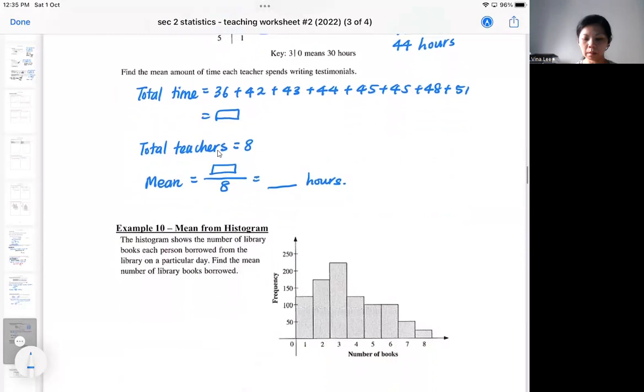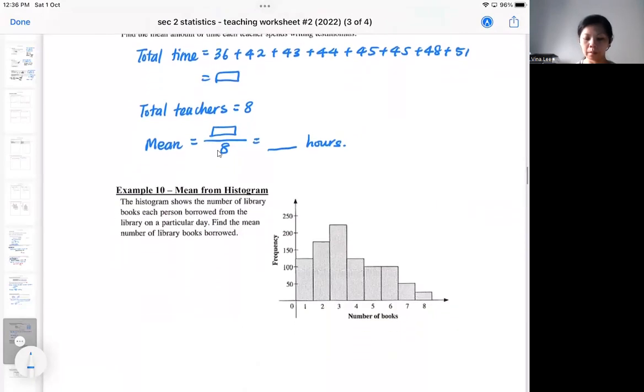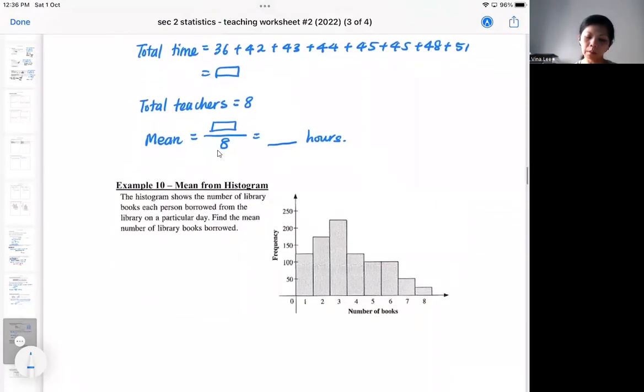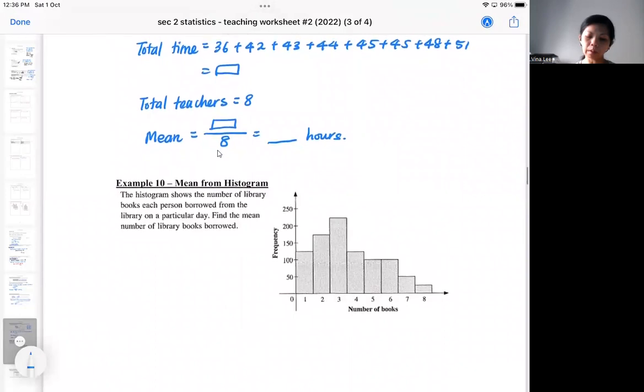Okay, so same thing here. If you have a histogram, this histogram shows the number of library books each person borrowed. So we have to interpret. So here we got 125 students.